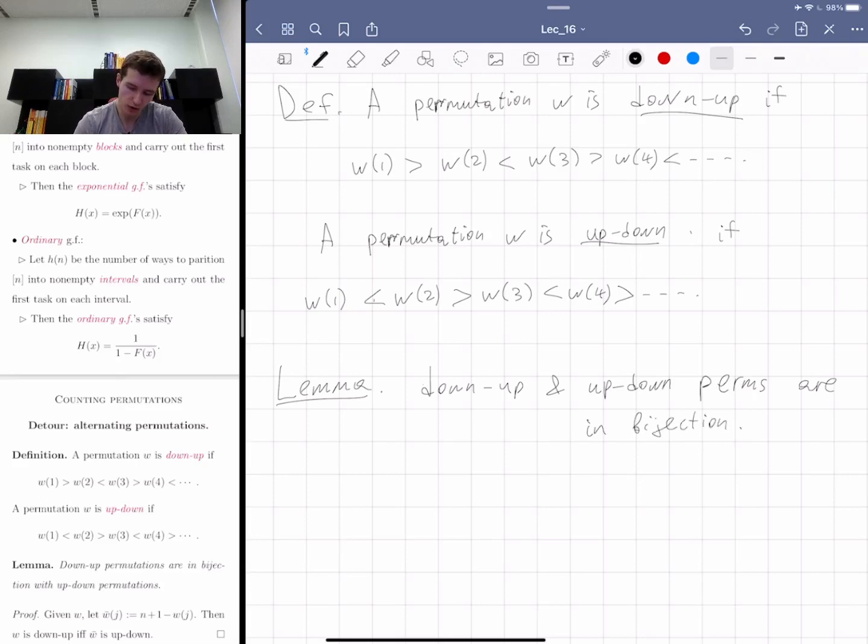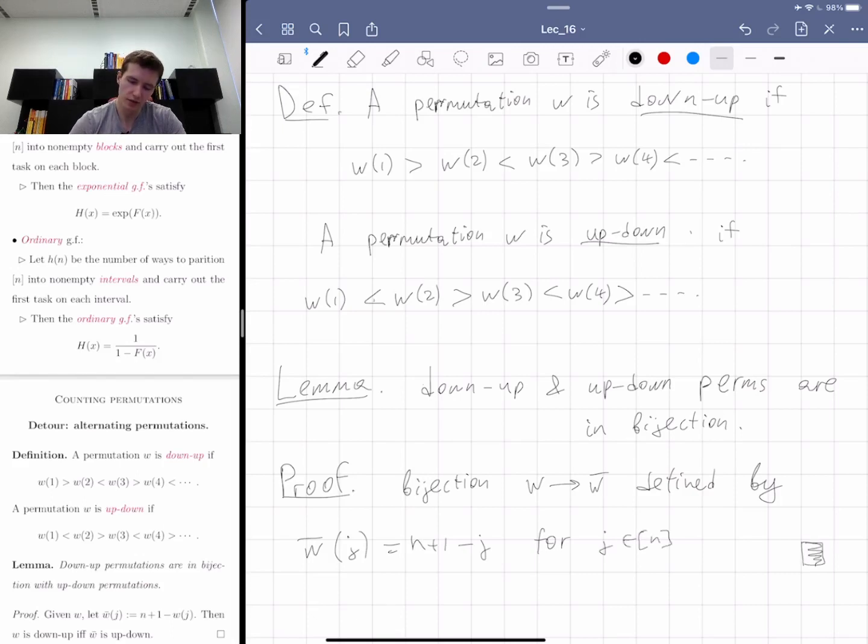The bijection just sends W to W bar, which is defined by W bar of j is n plus 1 minus j for all j in bracket n.